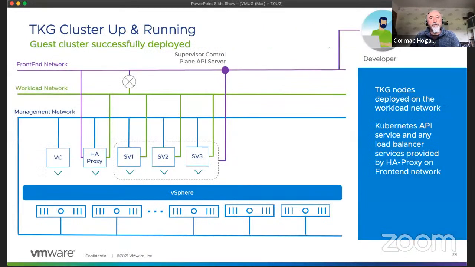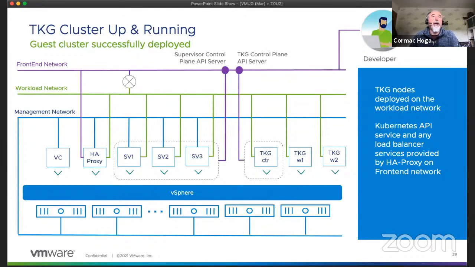So assuming that all works, what we end up with is something like this, a guest cluster, 3 nodes, again, 3 virtual machines. These sit on the workload network, like we configured and talked about a number of times. But again, the TKG control plane would have a front-end API server load balancer IP address.